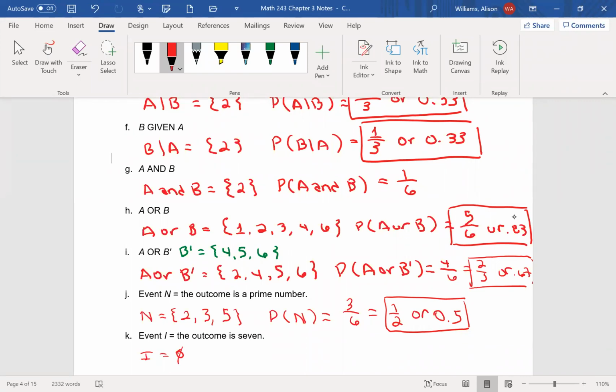This symbol means the empty set, but some people write it with empty brackets, which is what I was going to do first. But I think I'll show you the symbol. So this is the most common way, the circle with the line through it. And the probability of this happening is 0. It's impossible. It can't happen. All right. So that would be how we would answer when we can't have something occur.